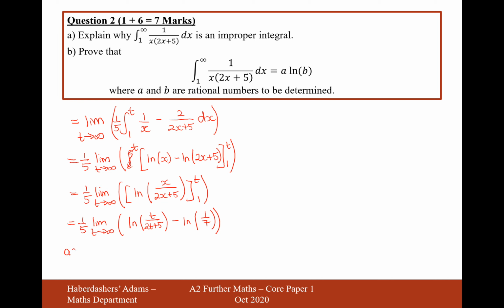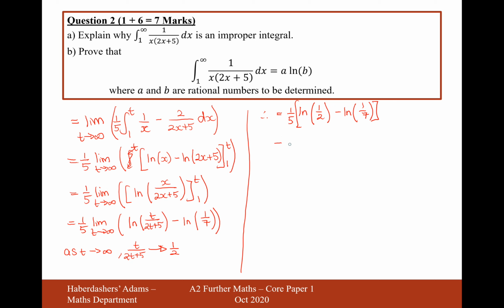What's going to happen as t gets very, very big? If we think about t as like a million, it's going to be 1,000,000 over 2,000,005. Well, that's going to almost be a half. So t over 2t + 5 will tend towards a half. So therefore, this integral is equal to 1/5 brackets ln of a half minus ln of a seventh.